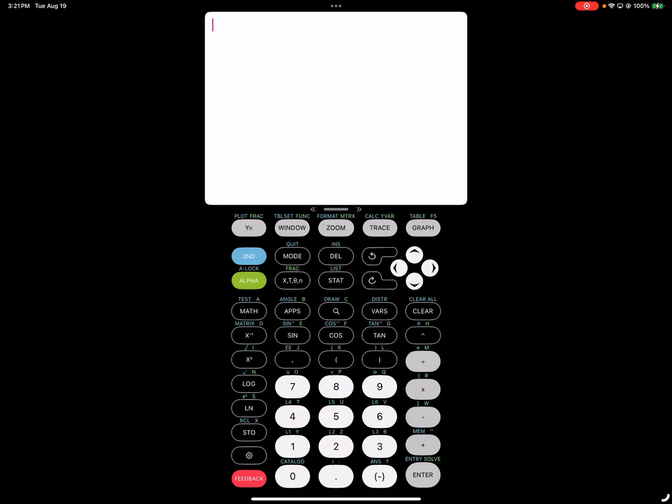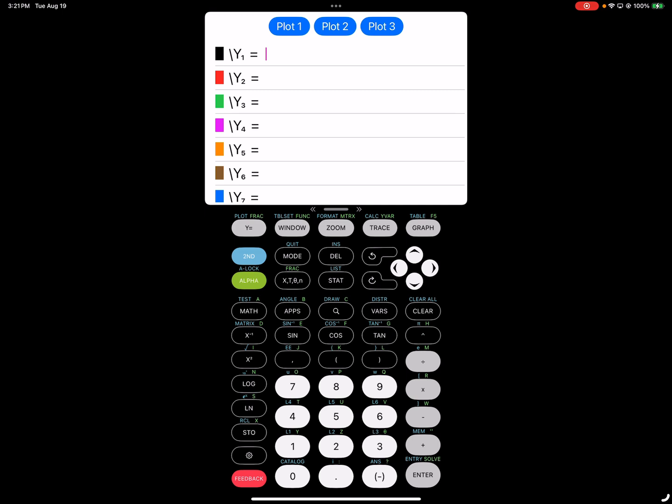So right here, you're going to hit Y equals. Hit Y equals right there. What you're going to hit is negative right here next to enter. You're going to hit X next to alpha. So negative X squared is right here, kind of diagonally up from 7. So you hit Y equals, then negative X is next to alpha, and squared is diagonally to the left of 7.